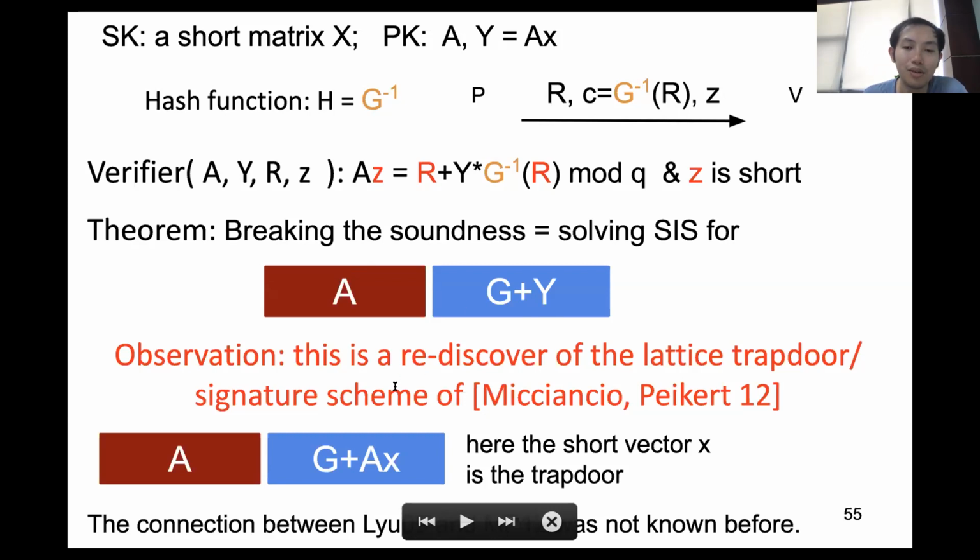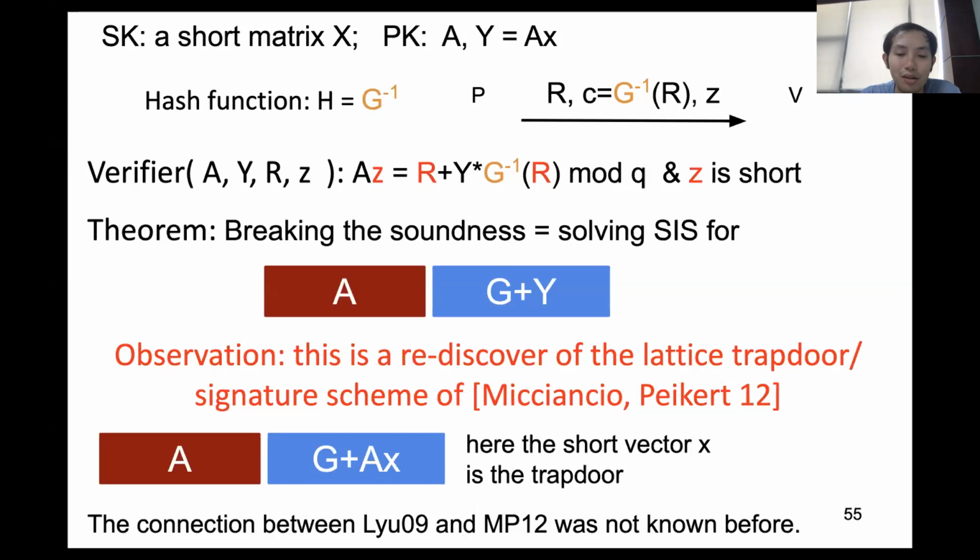And in the signature scheme of MP12, it also has the feature that the owner of the secret key X is sort of the owner of the trapdoor. Therefore, it's able to sample a short preimage using the trapdoor. And here we're rediscovering the structure of the trapdoor designed by Micciancio and Peikert.